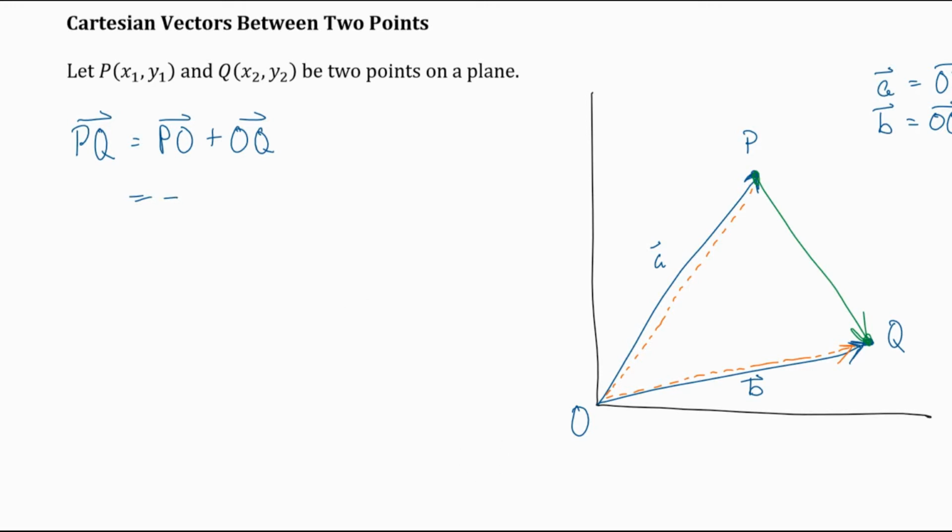So if I do negative OP plus OQ, and then I'm going to swap these around and do OQ minus OP, because that's the same as negative OP plus OQ. This is really important, okay, because this is subtracting backwards.